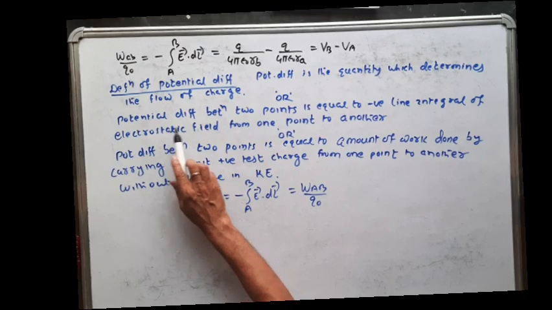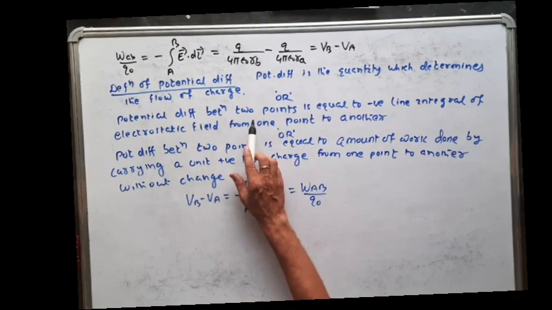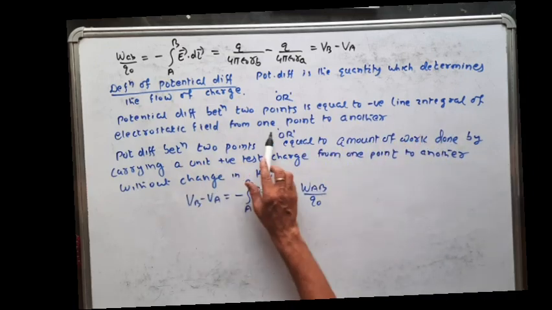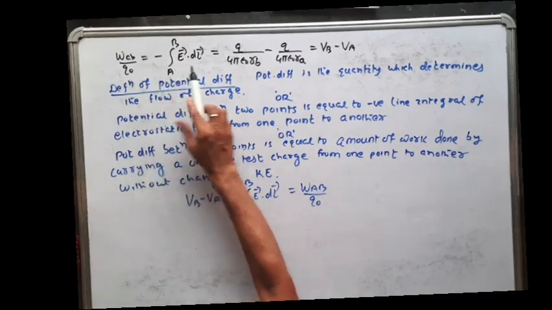Second definition. Potential difference between 2 points is equal to the negative line integral of electrostatic field from one point to another. Now see, what is potential difference?